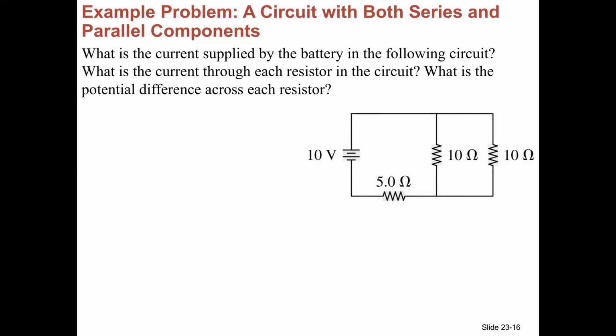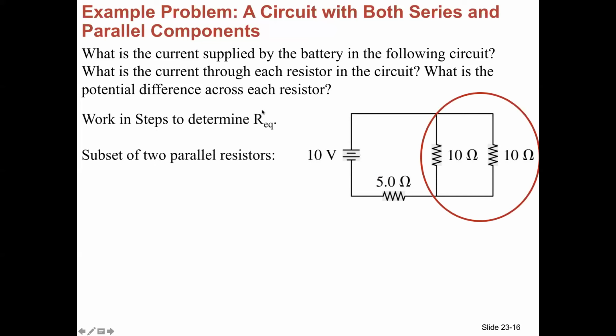Basically the idea is that you have to work with the circuit in parts and replace different parts of the circuit with their equivalent resistance. So for instance here, we could look at this parallel segment, these two resistors in parallel, and replace just those with their equivalent resistance.